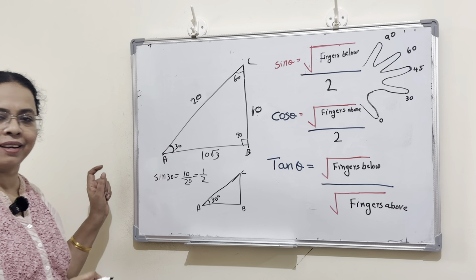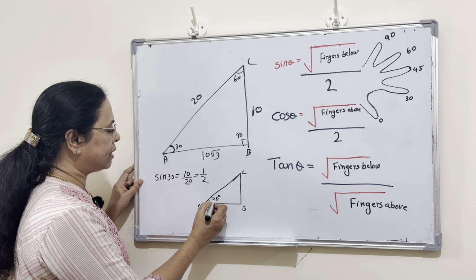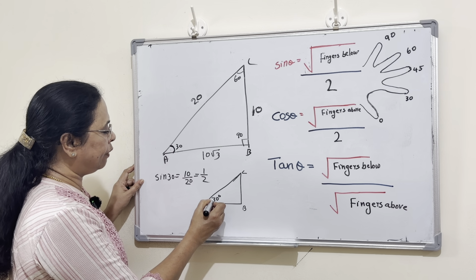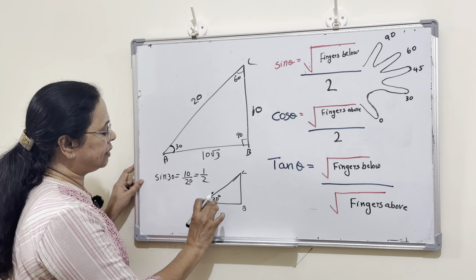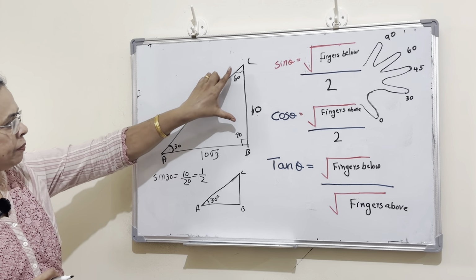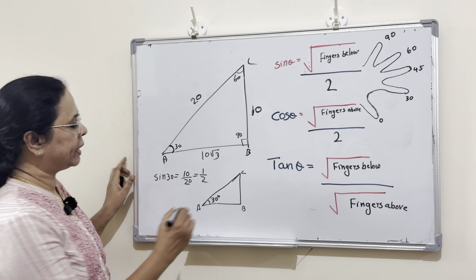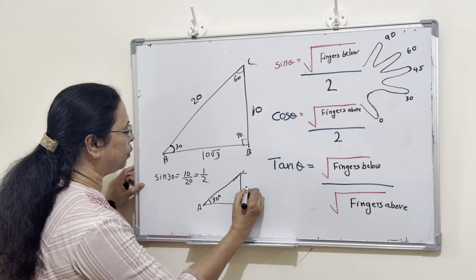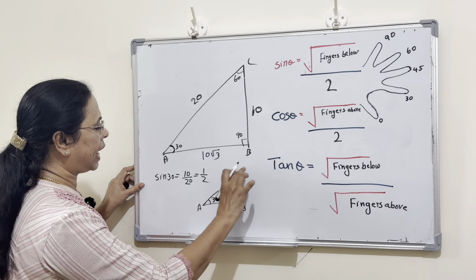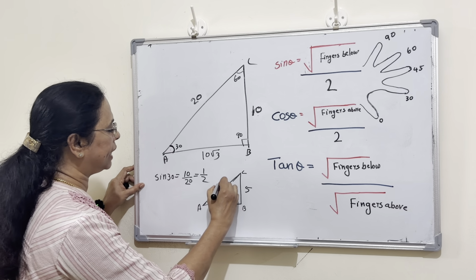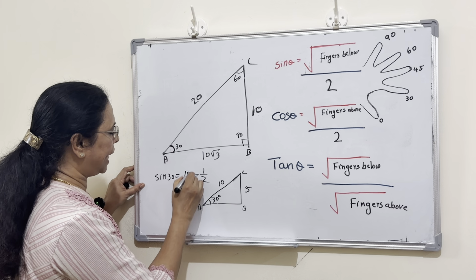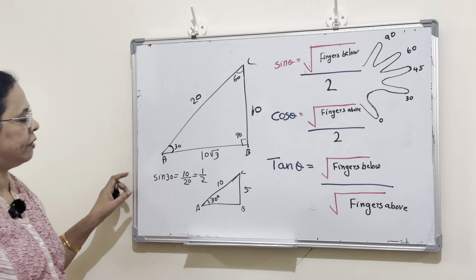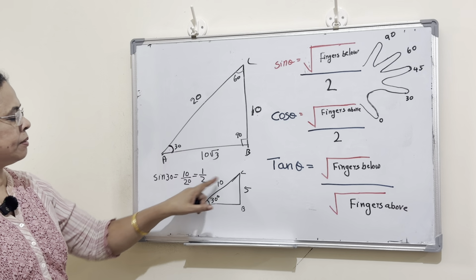That is interesting, right? If I take 30 degrees itself, but instead of this 10 units, I make it 5 units, then the hypotenuse accordingly will be 10, because I divided both sides of 10 and 20 by 2, so it comes 5 and 10.